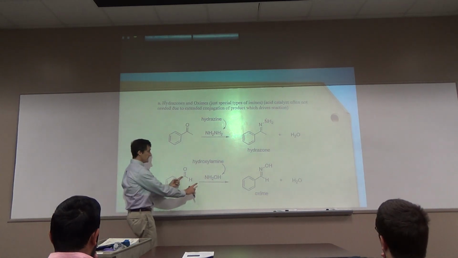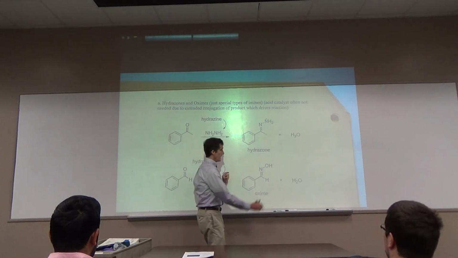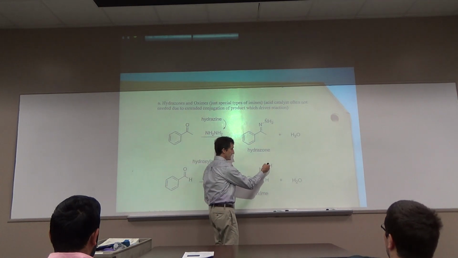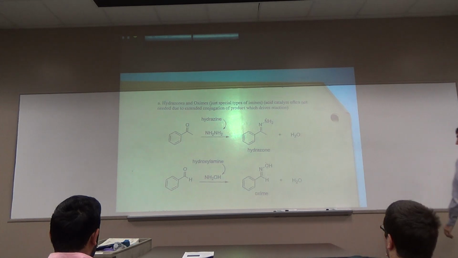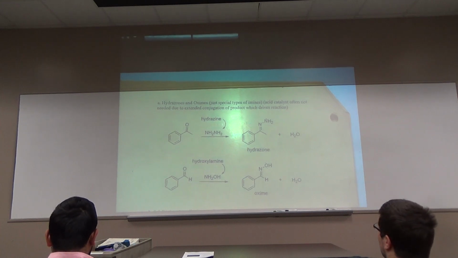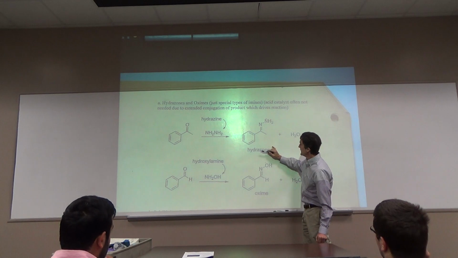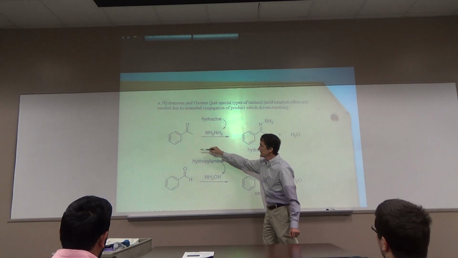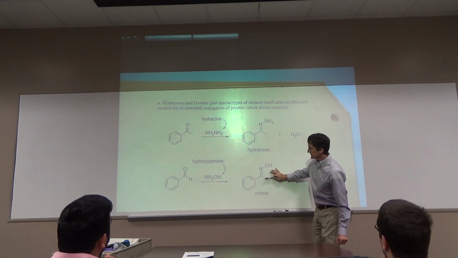We did the imine mechanism on the previous page. Again, it's driven by conjugation of this lone pair with the double bond, plus water. Two special types of imines. Sometimes these are called derivatives. Sometimes you make a derivative of an aldehyde or ketone, maybe for melting point analysis.